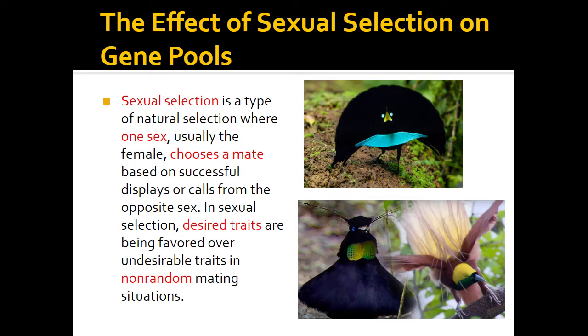So this is called sexual selection, and desired traits are being favored over undesirable traits. So the male that does the craziest dance or has the prettiest feathers is going to be selected over the other ones.